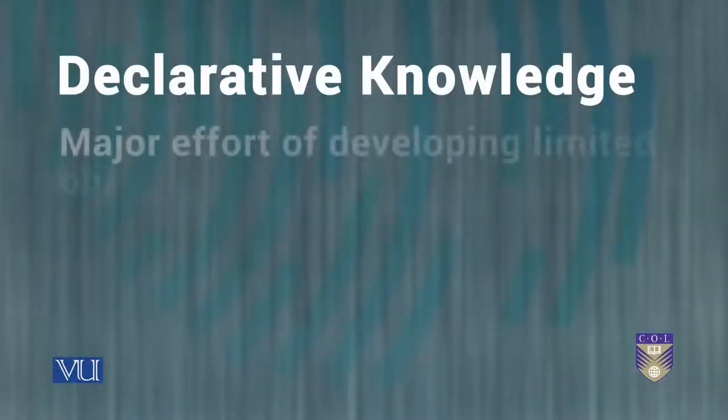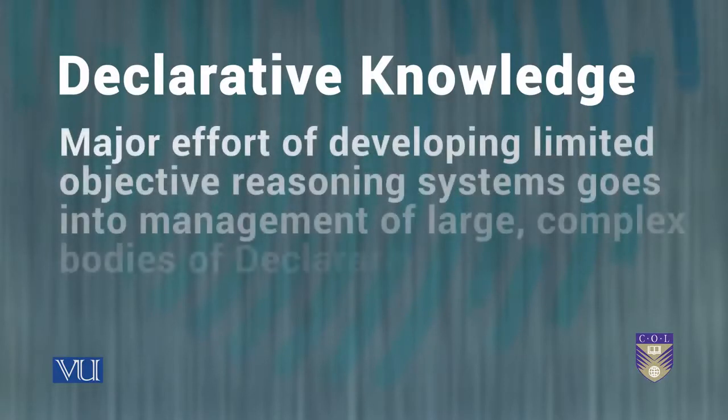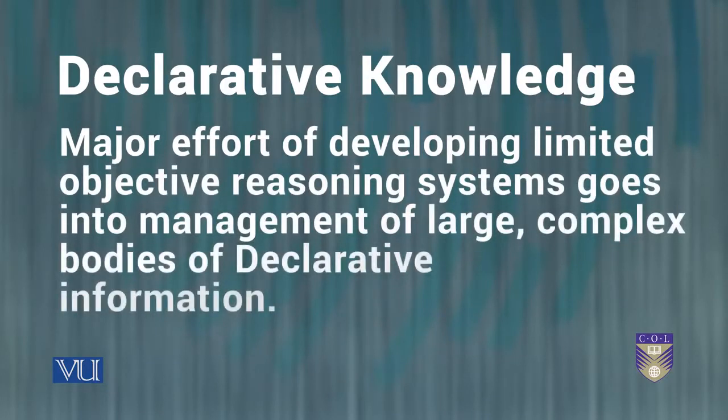Let's talk about some knowledge representation as well. Declarative knowledge. We talk about knowledge representation. Declarative knowledge, what does it mean? Now, a major effort of developing limited objective reasoning systems goes into the management of large and complex bodies of declarative knowledge.